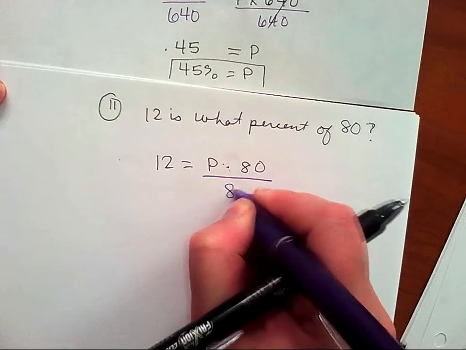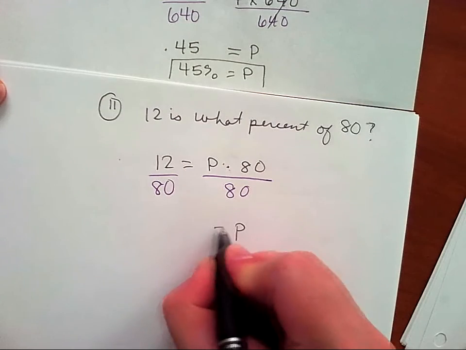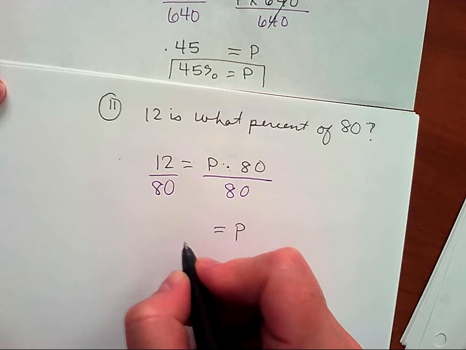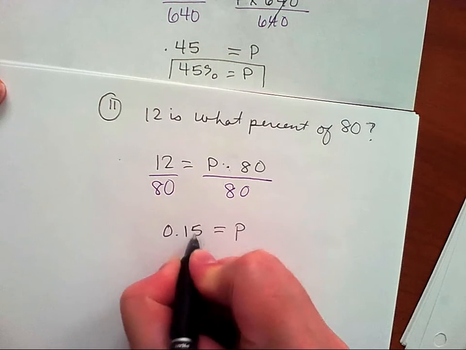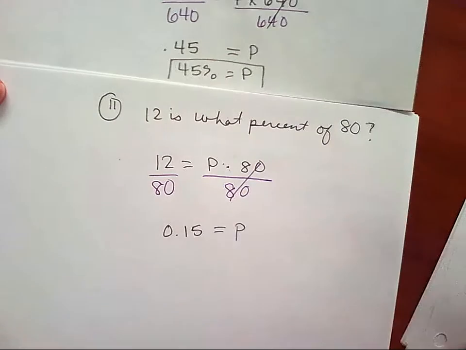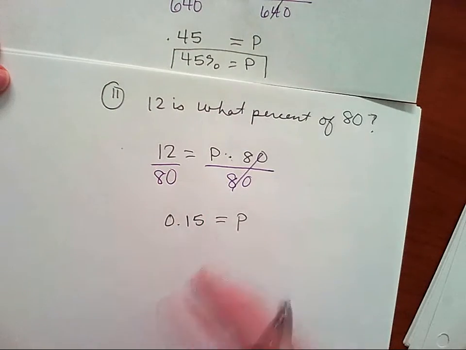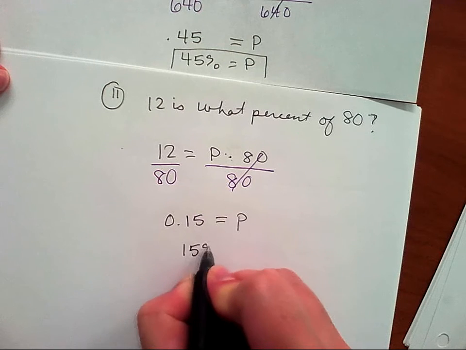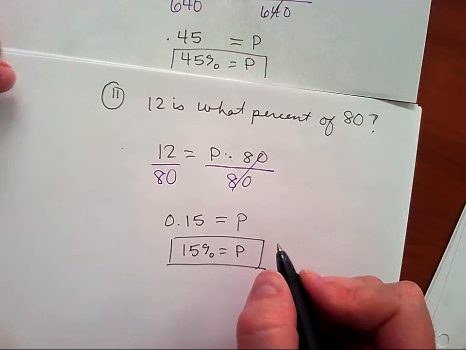Divide both sides by 80. Whatever you do to one side, you have to do to the other side. And what do you get? P equals, what is it? 0.15. Good. So am I finished? No, because it says what percent. I don't want the decimal, I want the percent. 15% equals P.